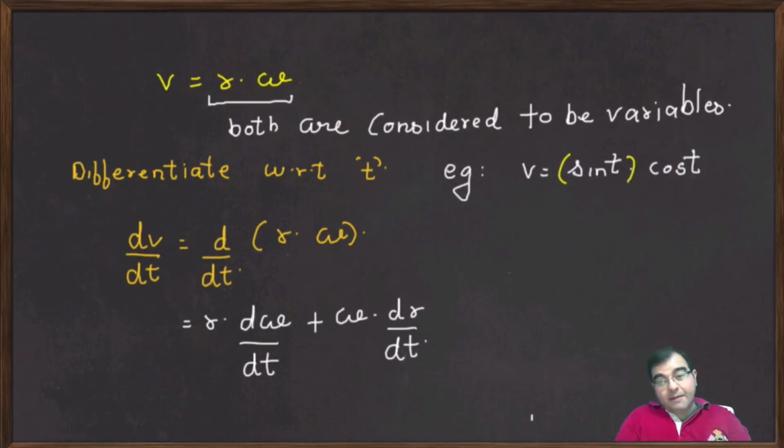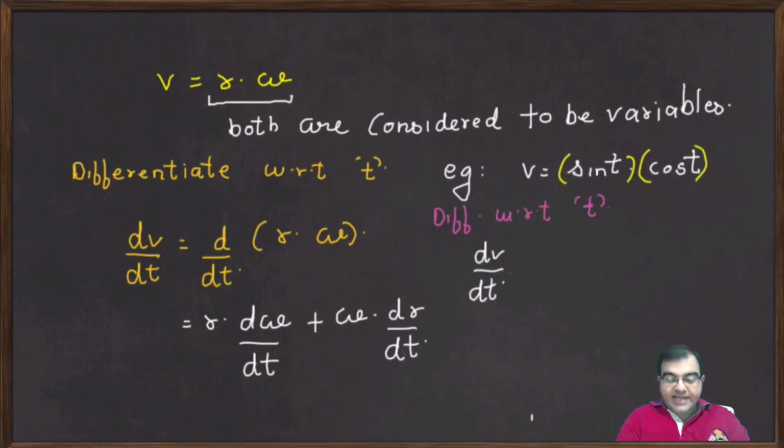Now let's take an example to understand this. You have a velocity which is given to you as sine t times cos t. Sine t is your first term, cos t is your second term, and the rule says keep your first term as it is. When you differentiate with respect to t, the left hand side will become dv by dt. On the right hand side, what is your first term? Sine t, keep it as it is, into the derivative of the second term.